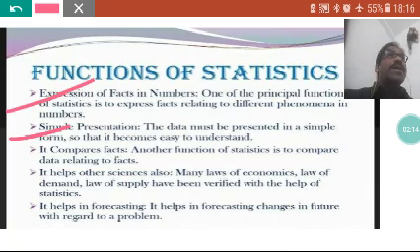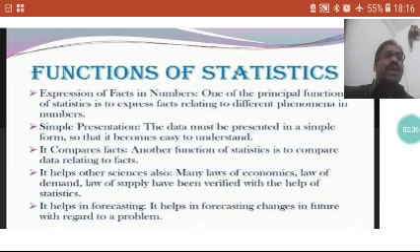From childhood we are told to make pictographs, histograms and bars, so that we can easily understand in the higher classes. Many laws, many rules, many things are based on these surveys and observations only. So this is a very important function of statistics.